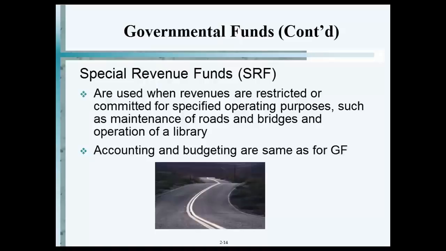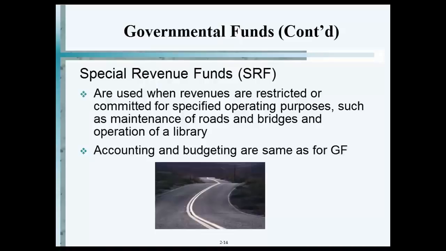To maintain highways and bridges and all of that, right? So could the state of New Jersey set up a special revenue fund? Yes. Where would the revenue come from? The fuel tax, and what would the cost be? To repair what? Roads and bridges. Why did they do that? To keep it separate from everything else, so that they could properly account for it.